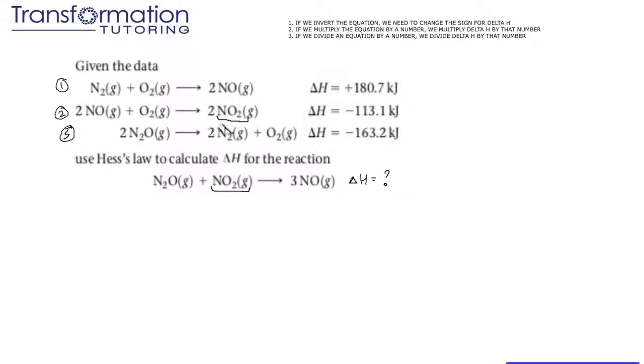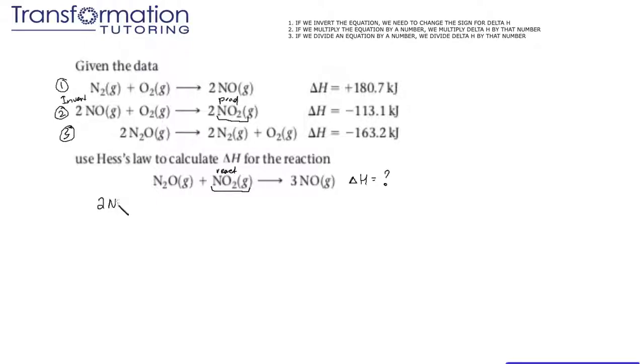Okay, now that we can see that NO2 is a unique molecule, we will notice that, first of all, here NO2 is a product, and here it is a reactant. That means I have to invert my equation. Let's go ahead and invert it first.